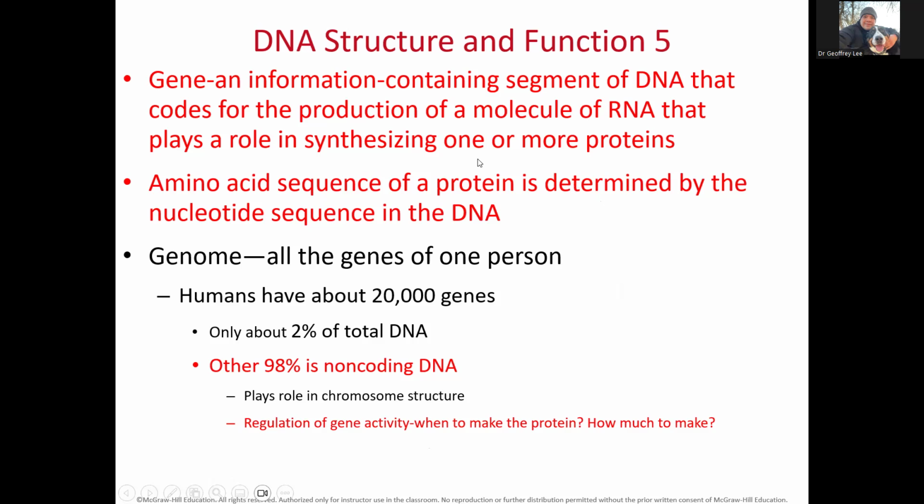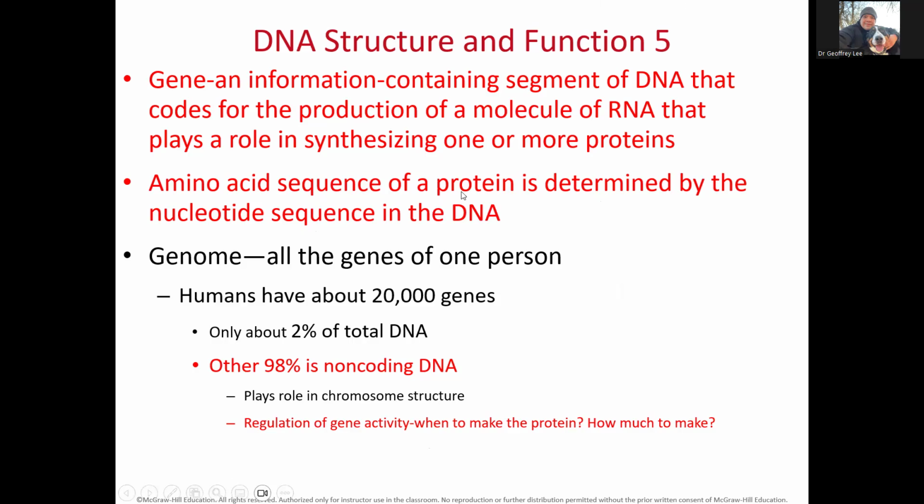Now they go into a little more detail here, but the simplest way to understand it is to know that each gene is going to code for proteins. It's a sequence of your DNA molecules, the ATGC. That sequence is going to code for certain amino acids. As you add those amino acids together, we make a protein.